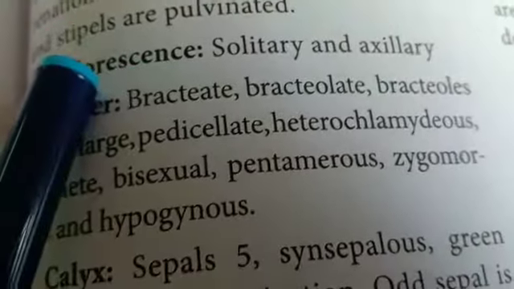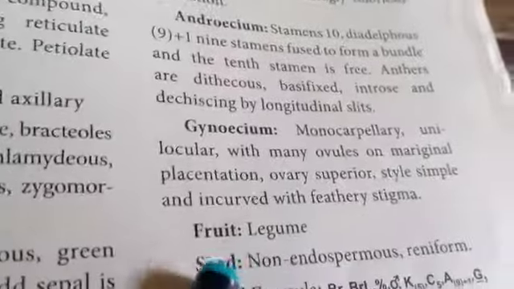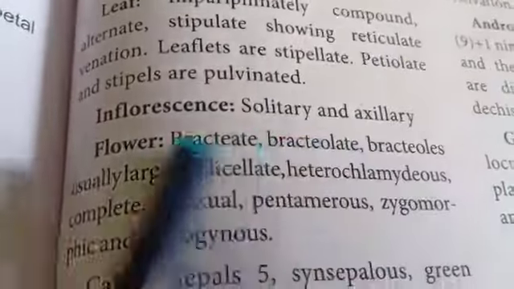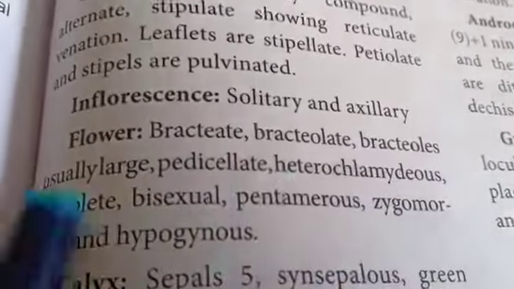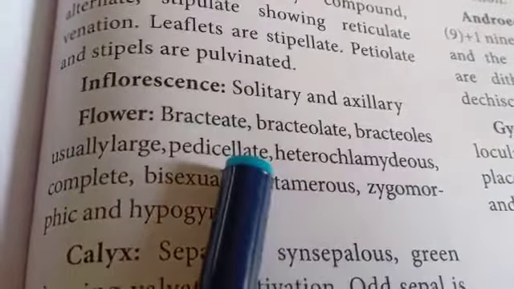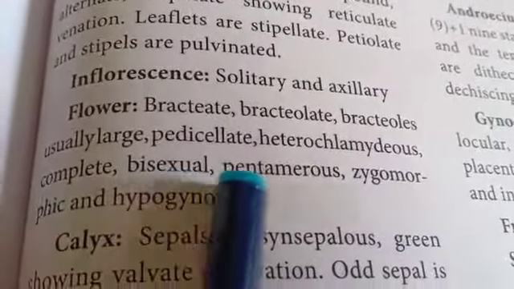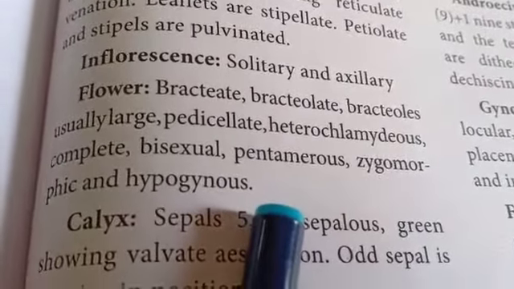Okay, you have to write inflorescence, flower, calyx, corolla, androecium, gynoecium, fruit, seed. Okay, so inflorescence is solitary and axillary. Flower is bractate, bracteolate, bracteoles usually large, pedicellate, heterochlamydeous, complete, bisexual, pentamerous, zygomorphic and hypogynous.